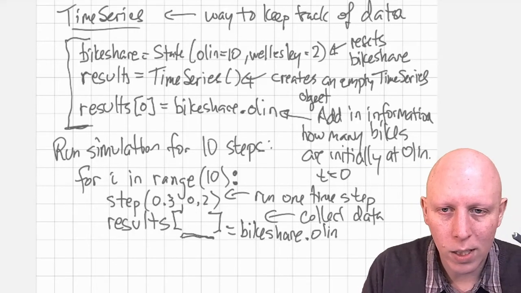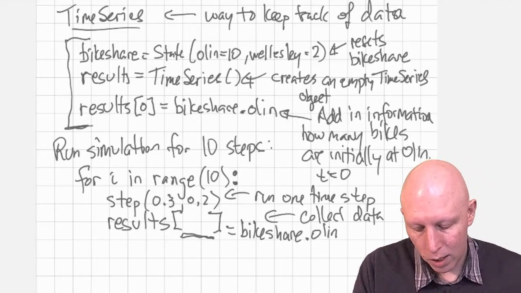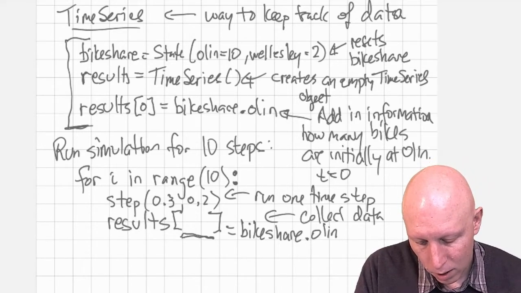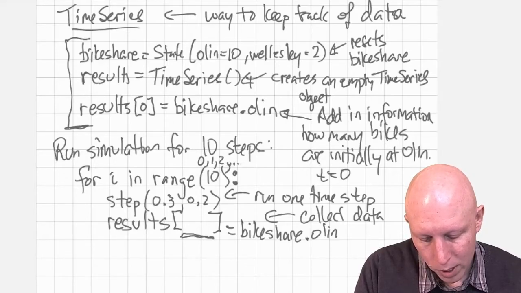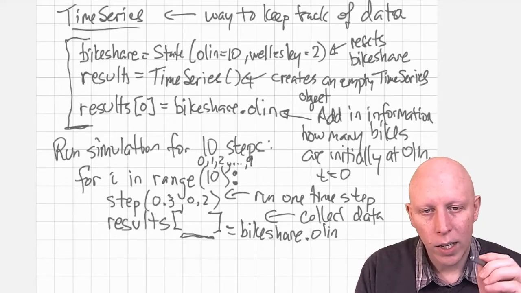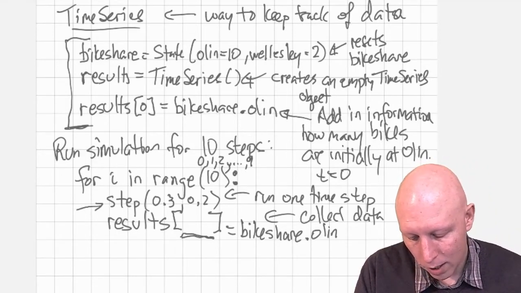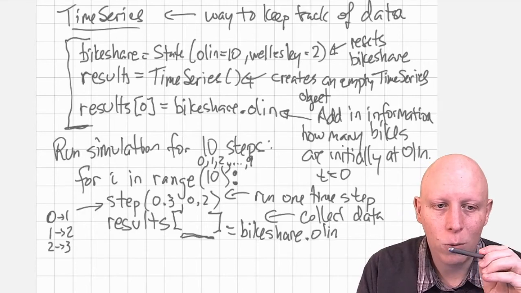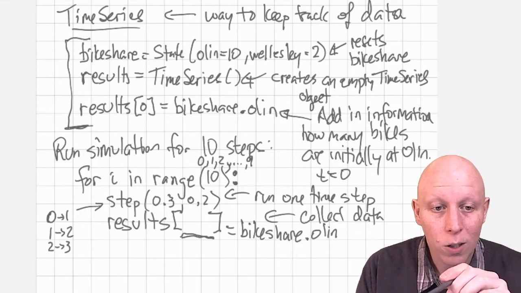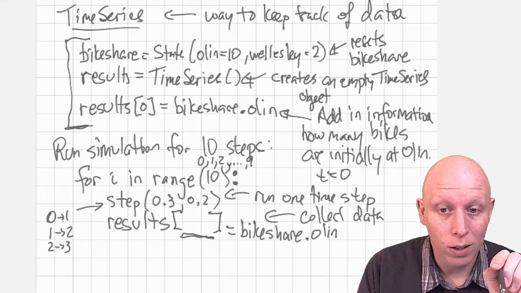Remember, range 10 looks like 0, 1, 2, up to 9. What step does, I like to think of it as going from time 0 to time 1, or from time 1 to time 2, time 2 to time 3. This step is saying what's happening from the current time to the next time.